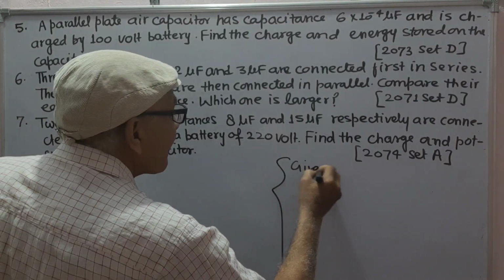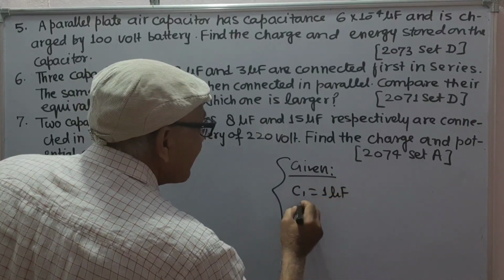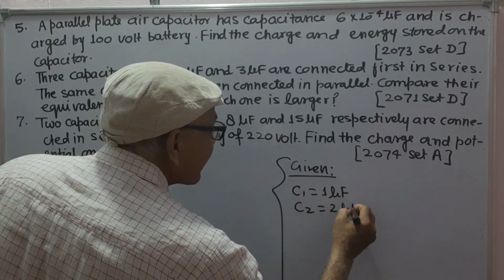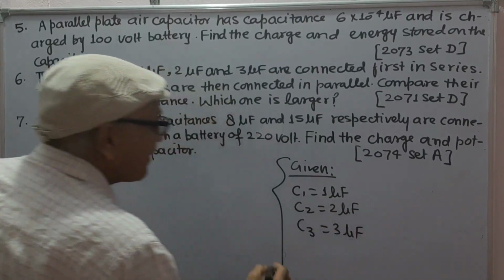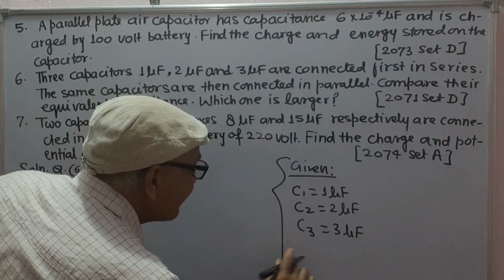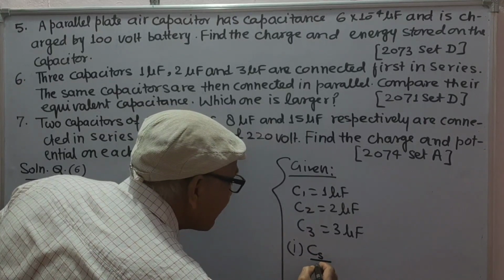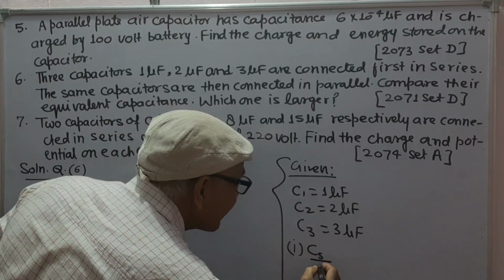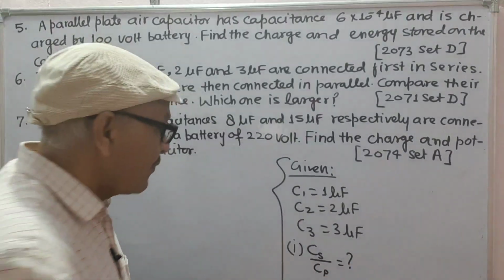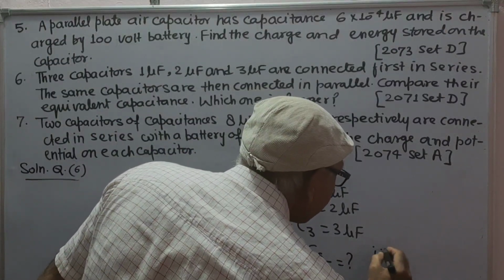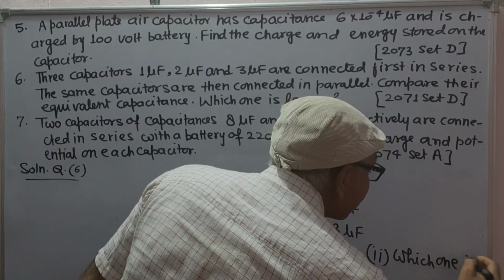Given C1 is 1 microfarad, C2 2 microfarad, C3 3 microfarad. We have to find the ratio of C series to C parallel. Second, which one is larger?